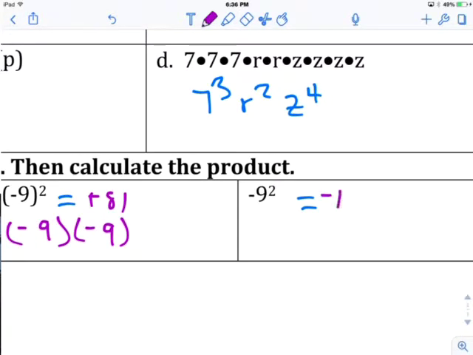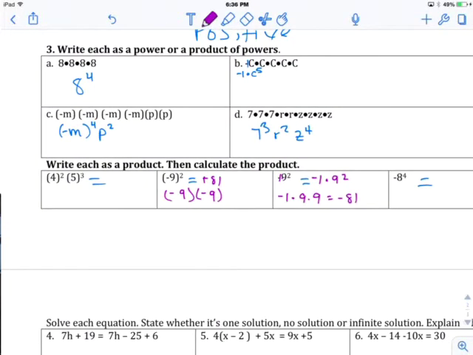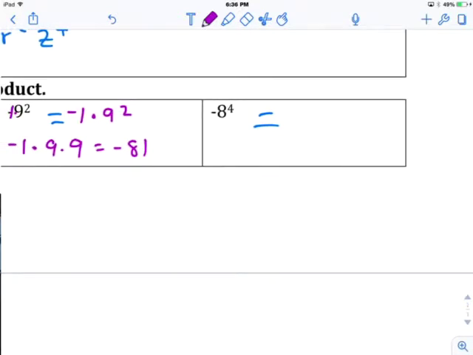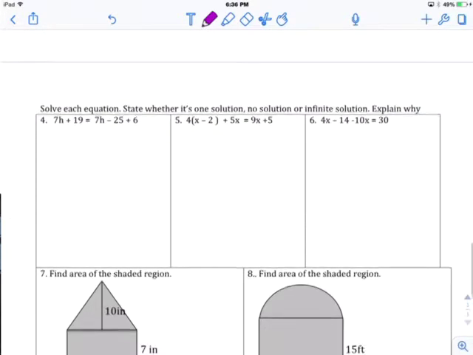This is -1 times 9 squared, which is -1 times 9 times 9, which is -81. Okay? You know the difference between the two again. This means -1 times 8 to the 4th. Put that in your calculator.